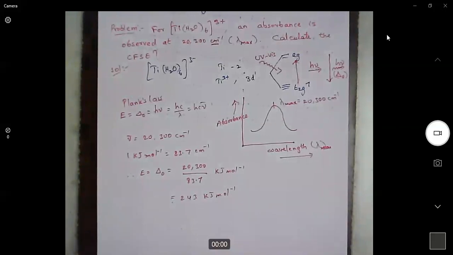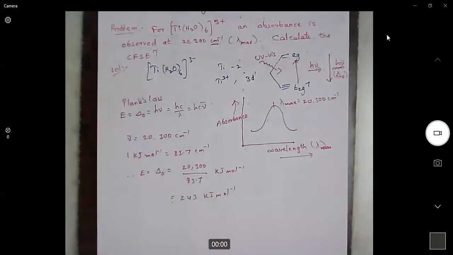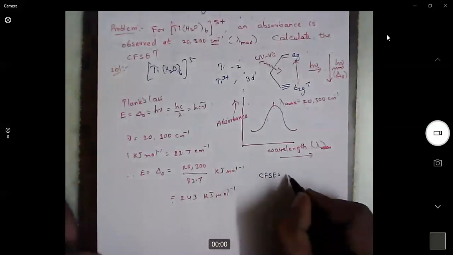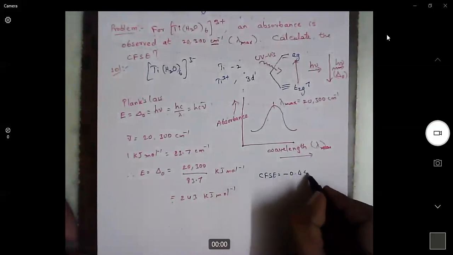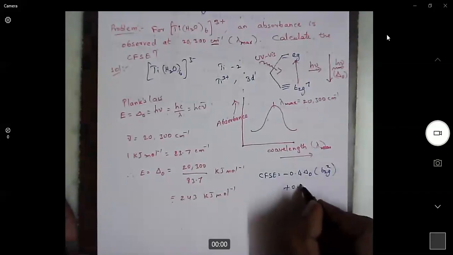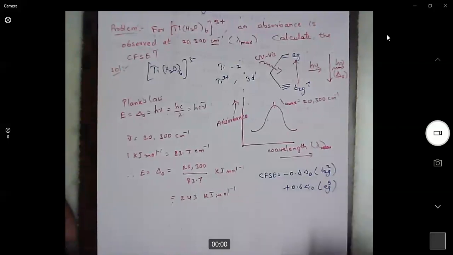Now we were asked to calculate CFSE. We were not asked to calculate the energy difference. Of course, we know the formula for CFSE. CFSE is equal to minus 0.4 delta naught into the number of electrons in the t2g level plus 0.6 delta naught into the number of electrons in the eg level.